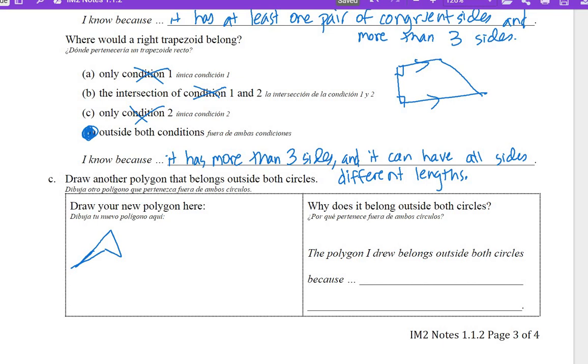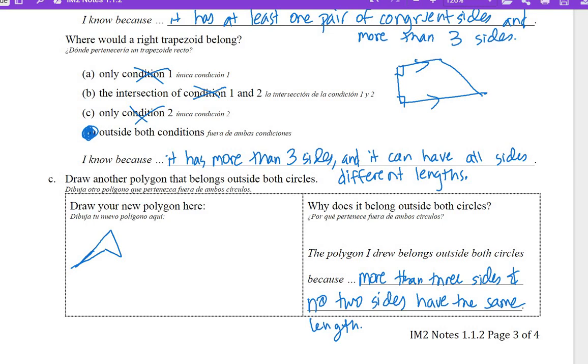It has more than 3 sides, and no 2 sides have the same length. Period. Let's continue. Almost done.